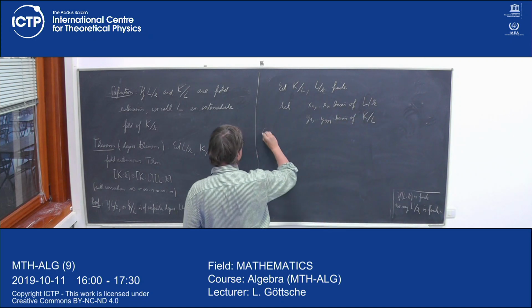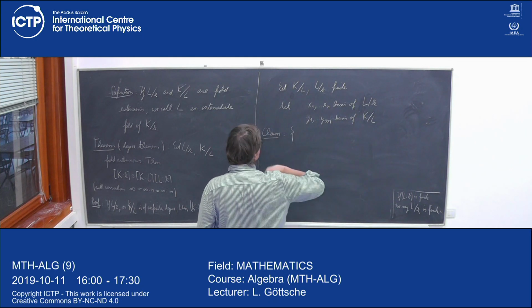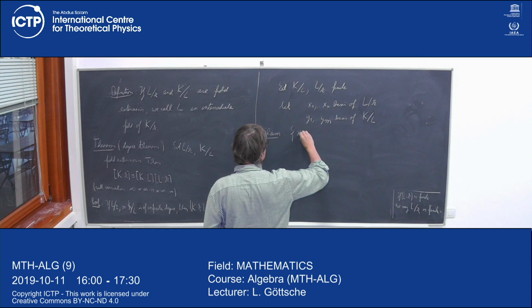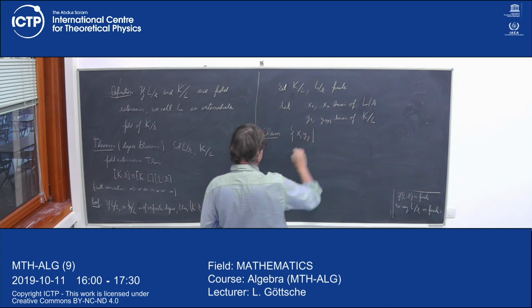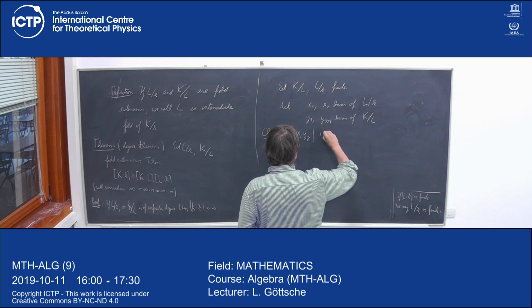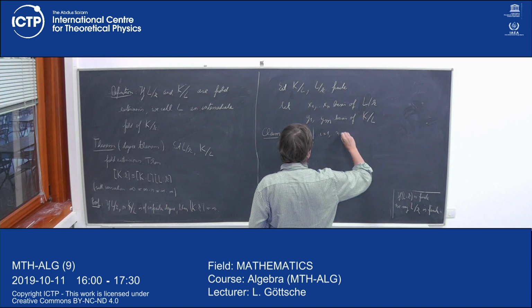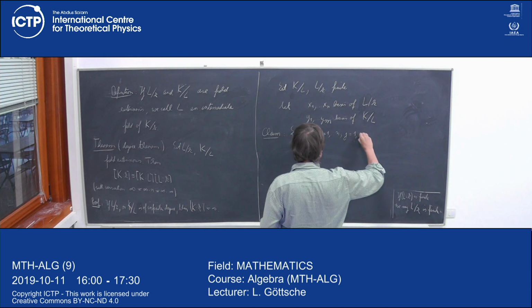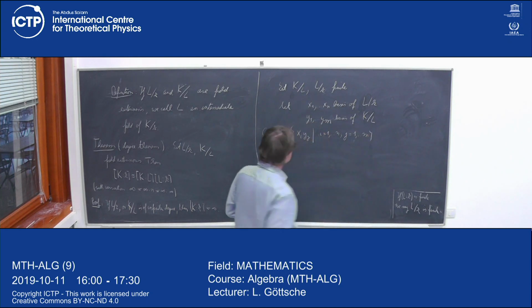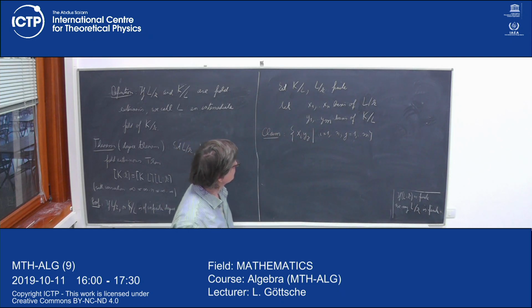So the claim is, if I take the set of all products xi times yj, where i goes from 1 to n and j goes from 1 to m, these are all different, and these are a basis of large K over small k.